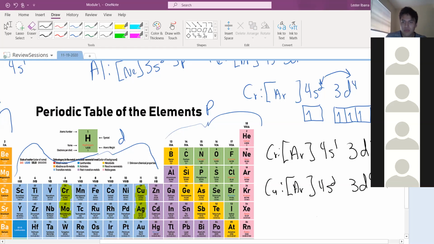But again, this one is how many away from being completely full? 1. So what happens? This one comes to this section, and this turns into a 1. So instead of 4s2, it would be argon 4s1 3d10, baby.